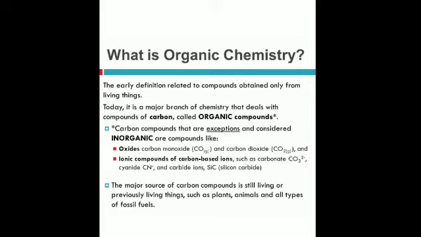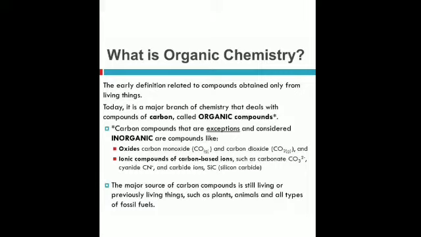Then the compounds of carbon and hydrogen and their derivatives, that is whichever compounds are derived from these two in combination, are called organic compounds. So compounds which contain carbon and hydrogen and the derivatives are known as organic compounds, and the branch of chemistry that deals with the study of these compounds is known as organic chemistry.